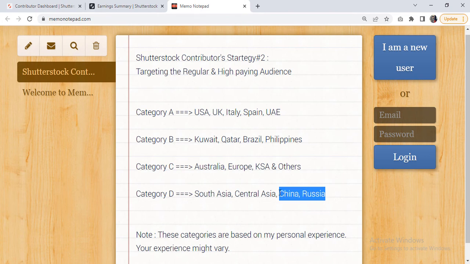Maybe they have a different version of Shutterstock, which is based on their native languages. So there's very little response because as a designer, I thought that because China is a large population country, I was hoping to get a lot of results from that region, but I did not get any. I did get some, but not in a regular way.